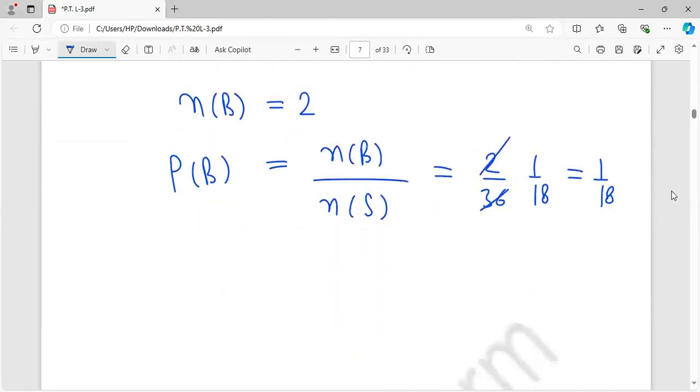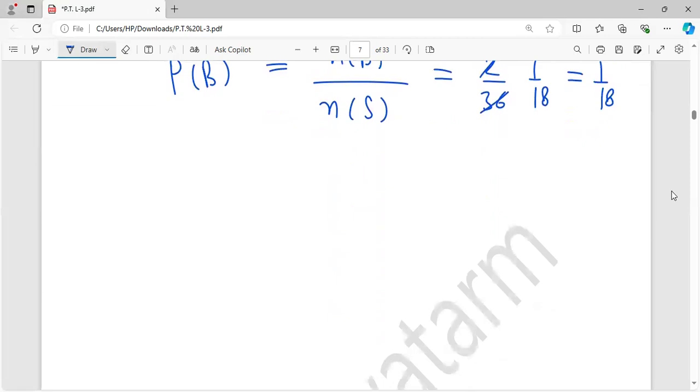So the probability of B is 1 upon 18. So what is A union B?